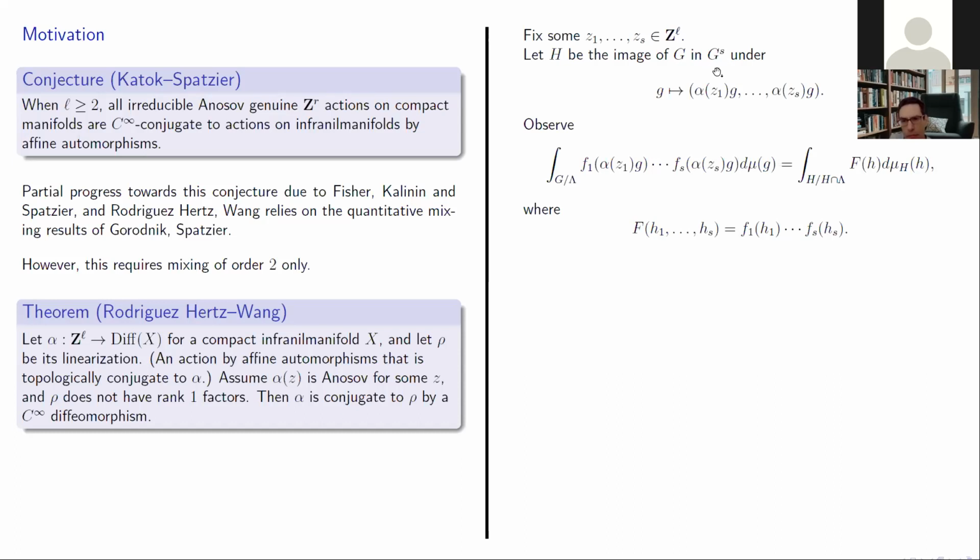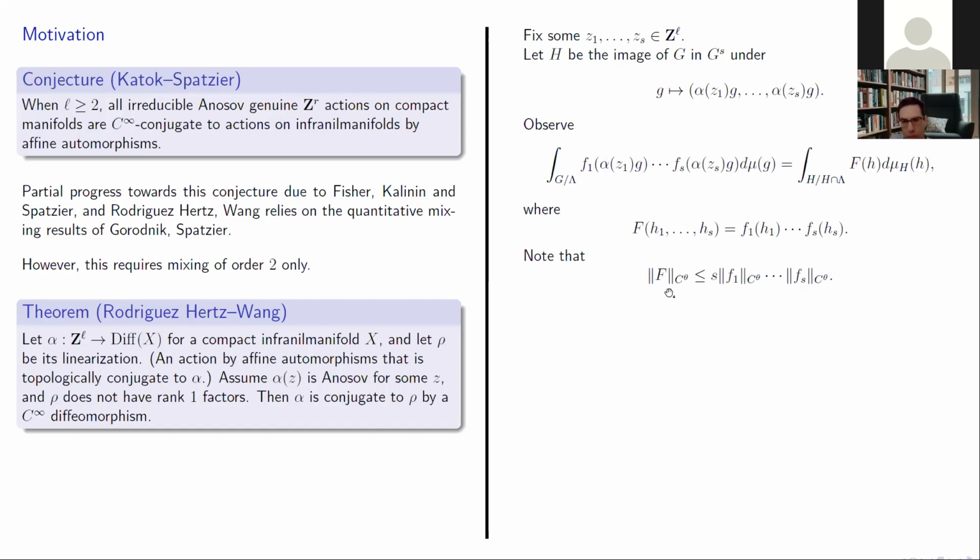So how uniformly is it distributed inside G to the S when you look at the image on the Nil manifold? So your Nil manifold G mod lambda is embedded in this twisted way inside G to the S mod lambda to the S, and the question is how equidistributed is this embedding.